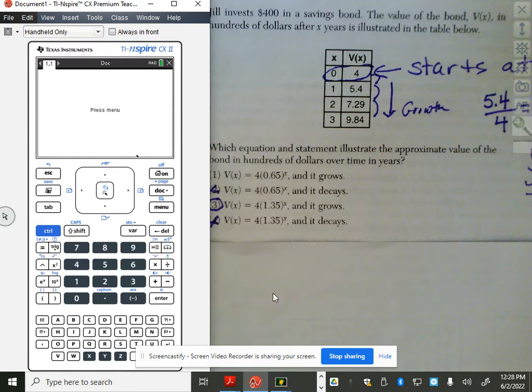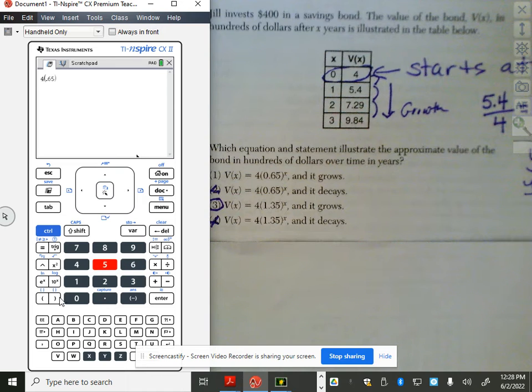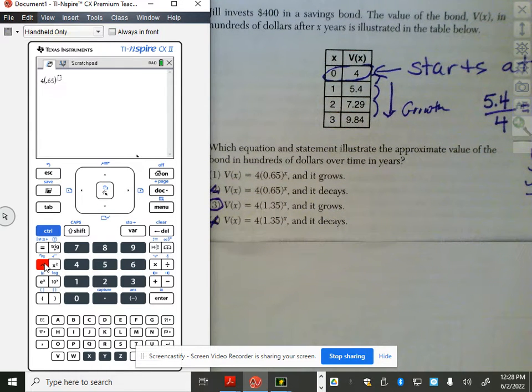So then, when I look at this one, I'm going to start with the first, and I'm going to get a calculator, and I'm going to do 4, and then in parentheses, 0.65, close parentheses, and then it's going to be to the 0 power, because x is 0. We hit enter, that's 4, so that one works.